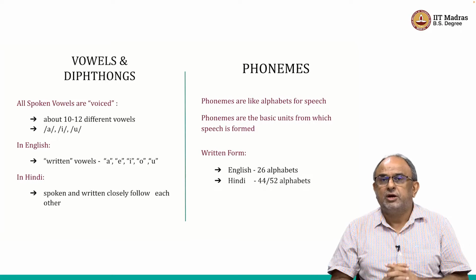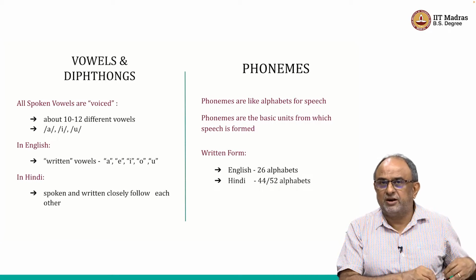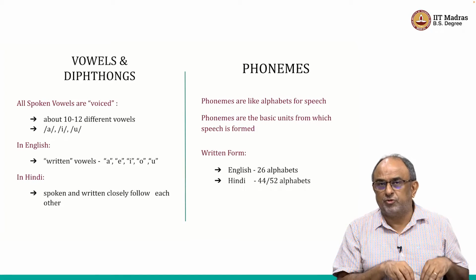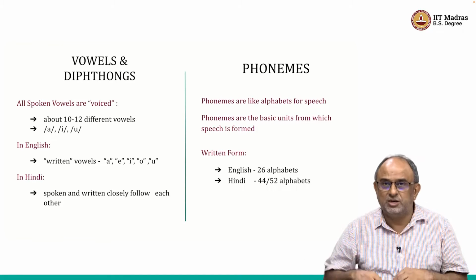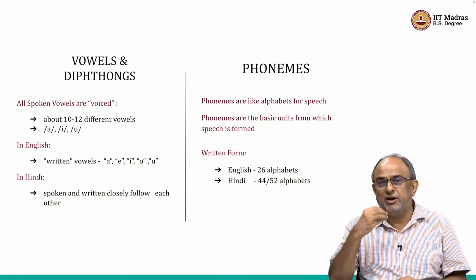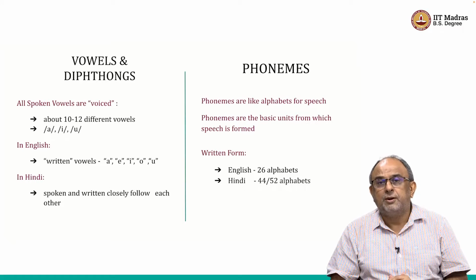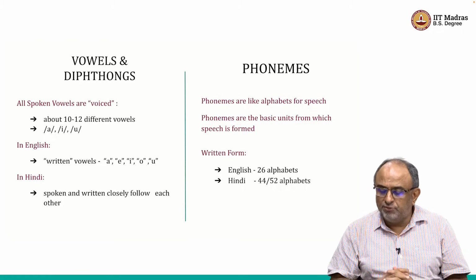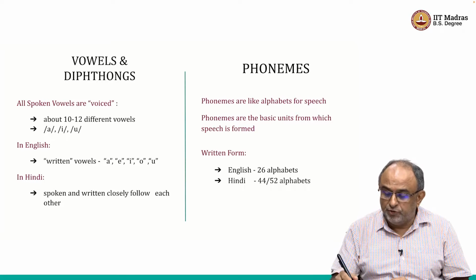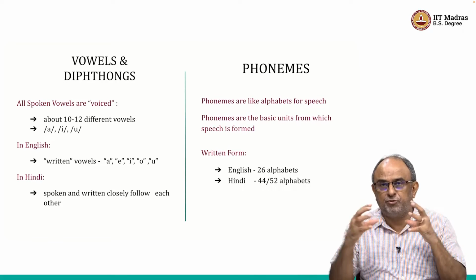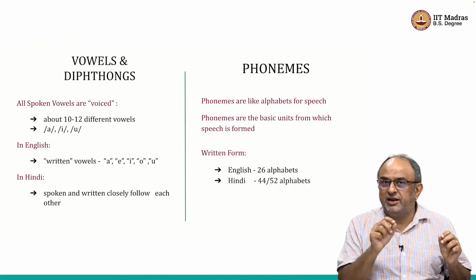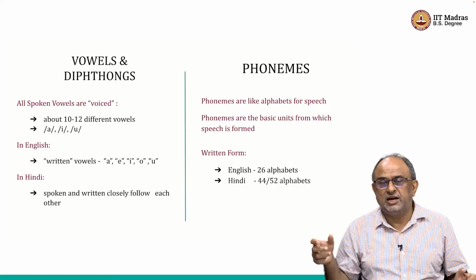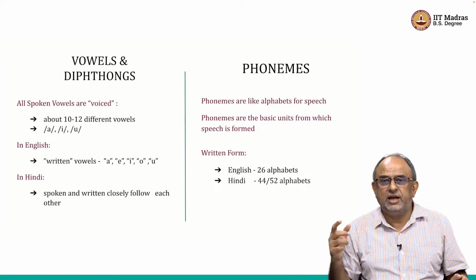Just like characters are the written units for words, in spoken language we have basic spoken units, which we call phonemes. Phonemes are the basic units from which we create speech. We concatenate phonemes, just like if I concatenate letters, I get words. If I write A, N and D, I know that's the word and.